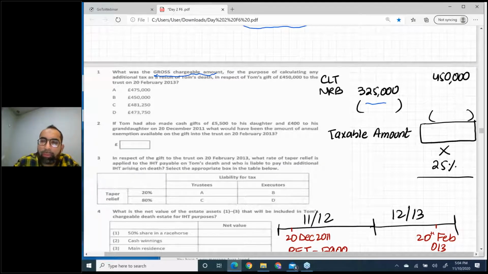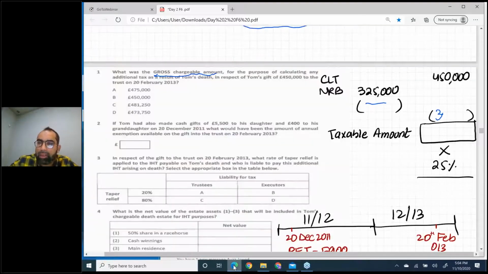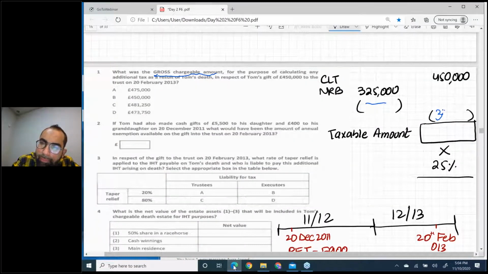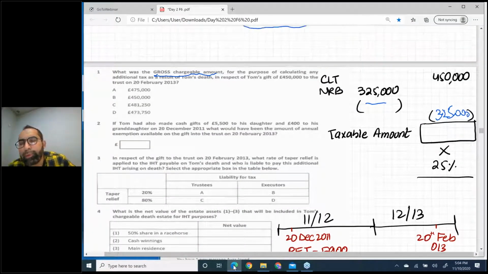So you will use the complete 325,000 here. 450,000 minus 325,000 is 125,000.